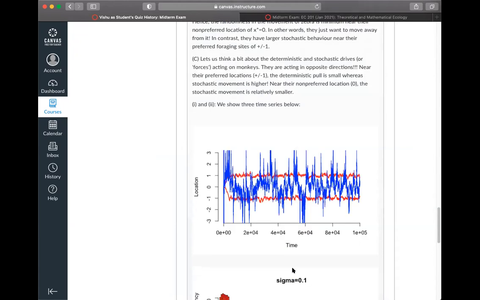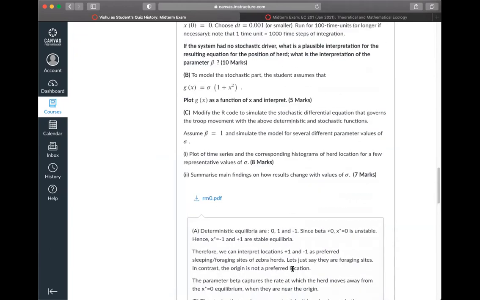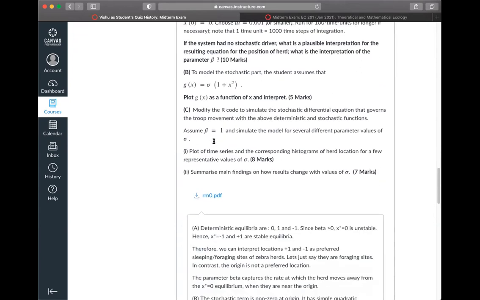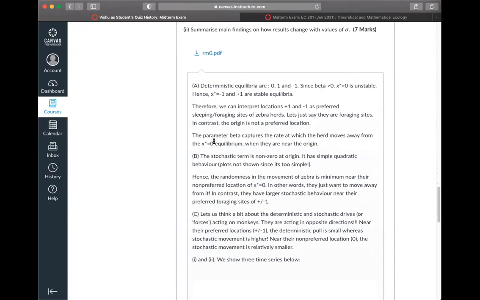Because beta was positive, 0 was an unstable equilibrium. However, when the stochasticity is large, the zebra herd is now basically found near the origin. Of course, the interpretation of why exactly zebra should have this kind of stochasticity is a bit random, because without knowing where it came from, you can't really say. You can only interpret the given equation.